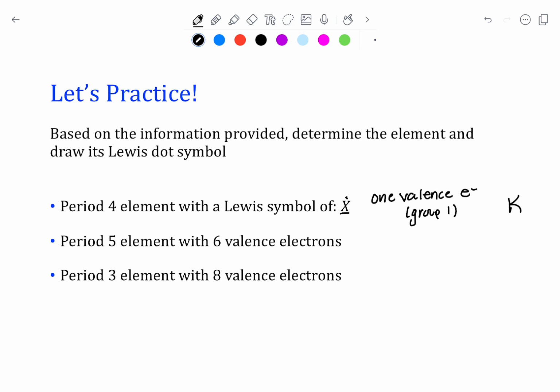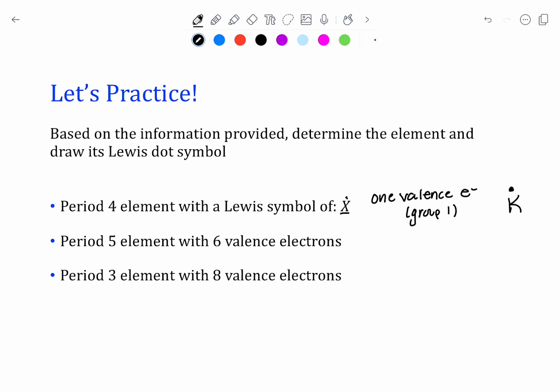Potassium is in the 4th period down, and it's in group 1. So the element is potassium, and it has a Lewis dot symbol of K with a dot on top. And that dot can be on the top, the bottom, or either side, as long as there's just 1 electron that is unpaired.